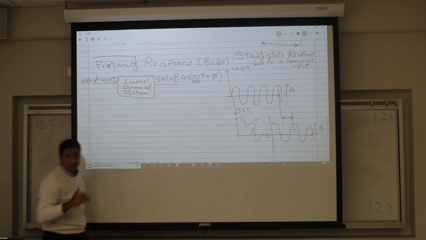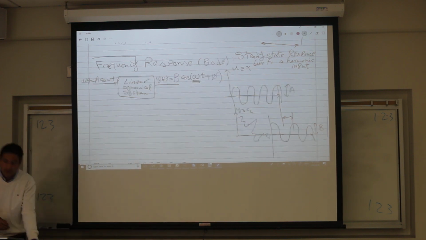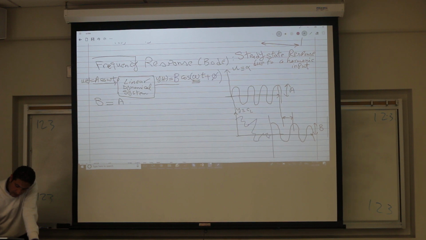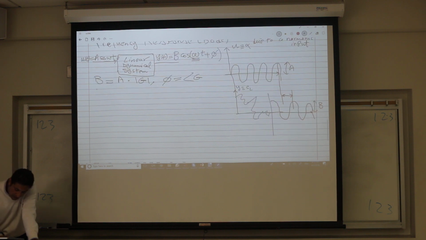So maybe larger, maybe smaller, and your frequency response shows that. So your output amplitude is your input amplitude times the magnitude of your transfer function, and this phase shift phi is the angle of your transfer function, and the frequency response, if you remember, the Bode plot is just exactly these two figures.